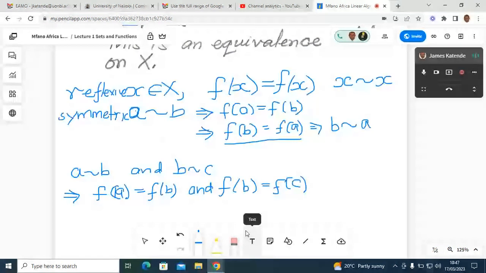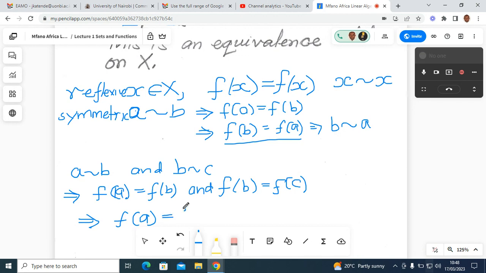So f of B will be equal to f of C as well. But now f of B is equal to f of C, so I can replace f of B with f of C. But then that simply means that f of A turns out to be equal to f of C. But then this is precisely what we wanted to show.